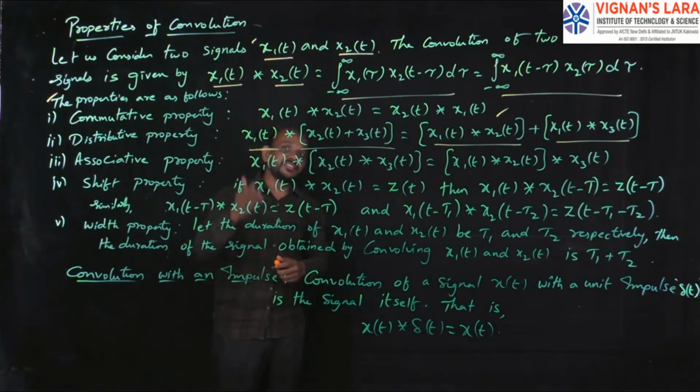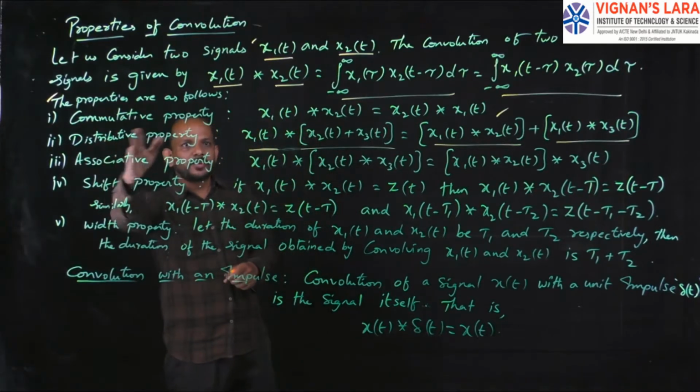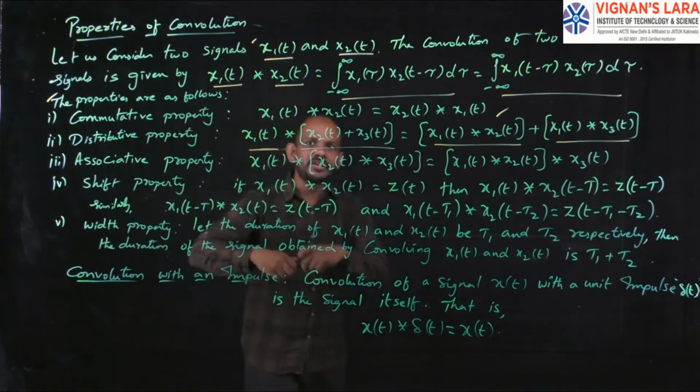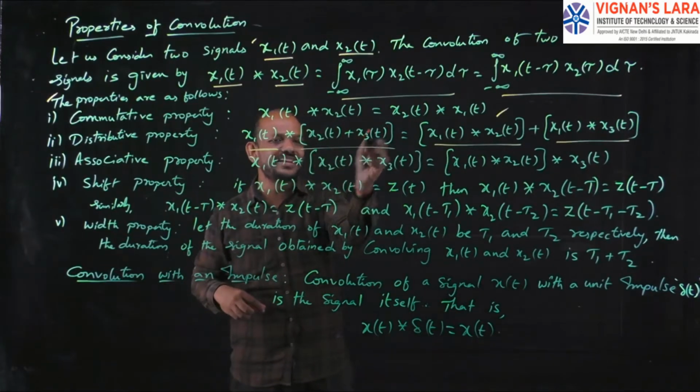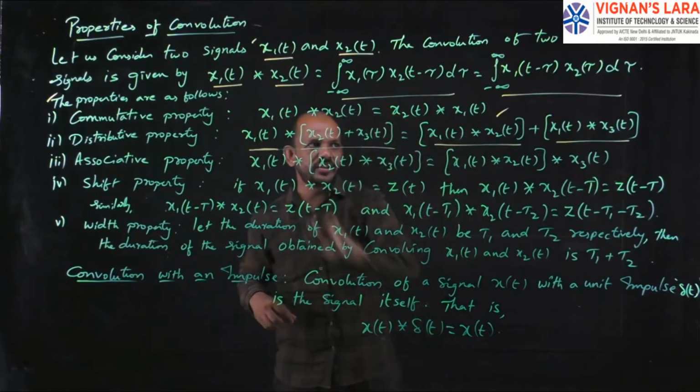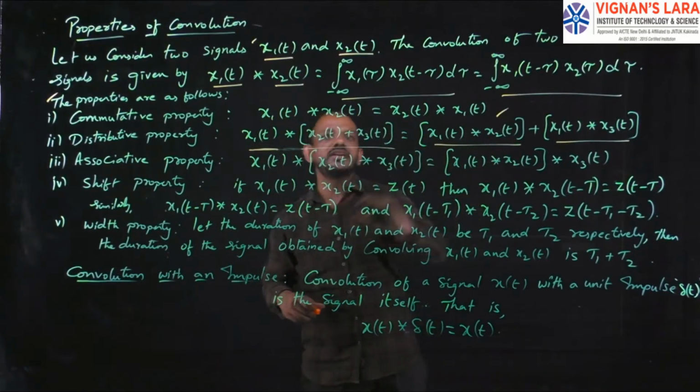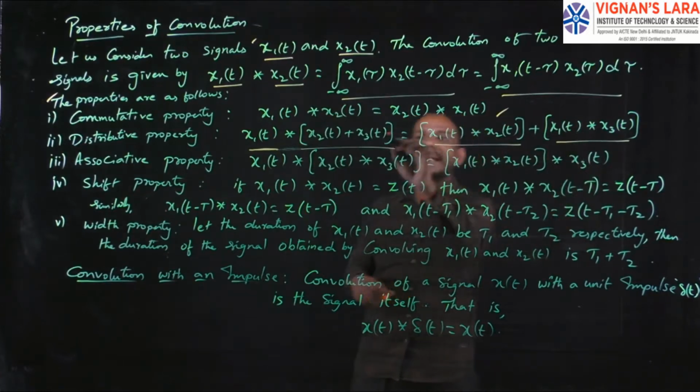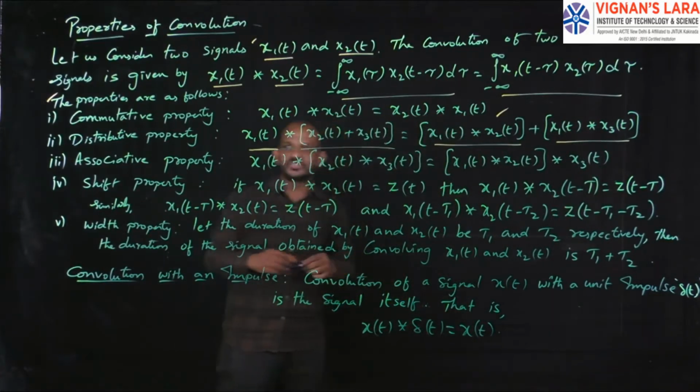Here I consider three signals x1 of t, x2 of t and x3 of t. The distributive property states that x1 of t convolution (x2 of t plus x3 of t) will be equal to x1 of t convolution x2 of t plus x1 of t convolution x3 of t. So this is the distributive property.